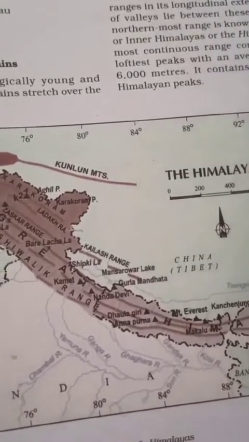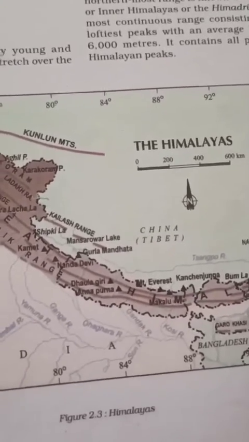They form an arc which covers a distance of about 2,400 km. Their width varies from 400 km in Kashmir to 150 km in Arunachal Pradesh. In Jammu Kashmir its width is 400 km and in Arunachal Pradesh it is 150 kilometers.